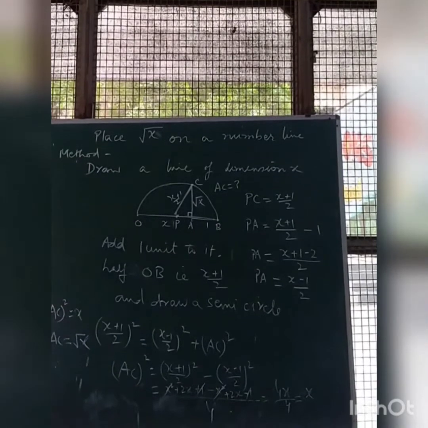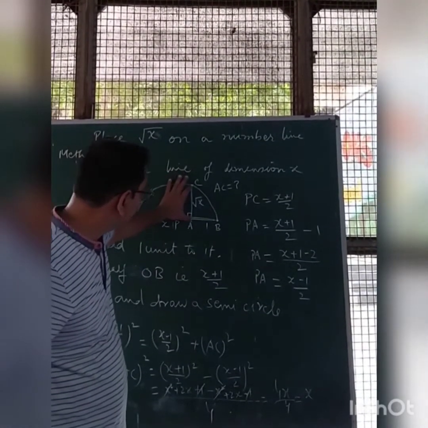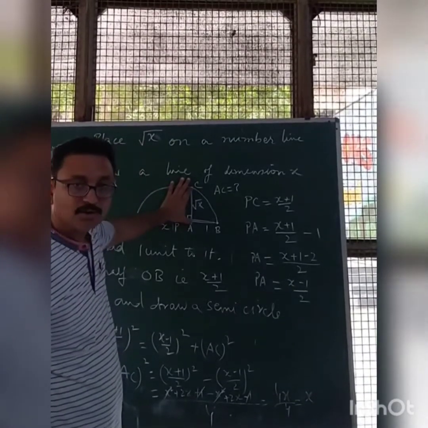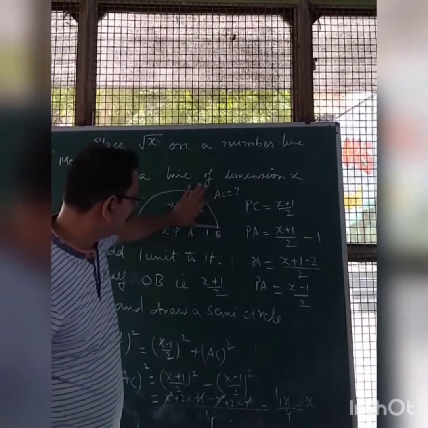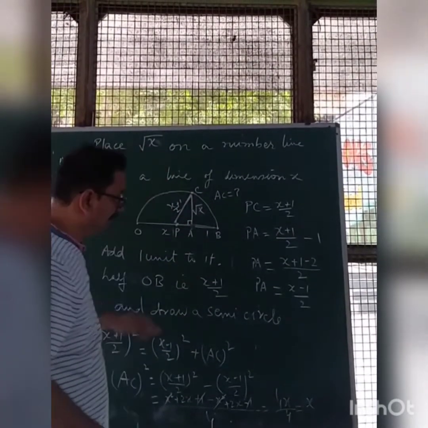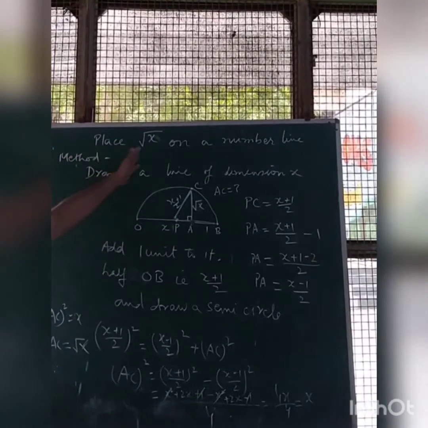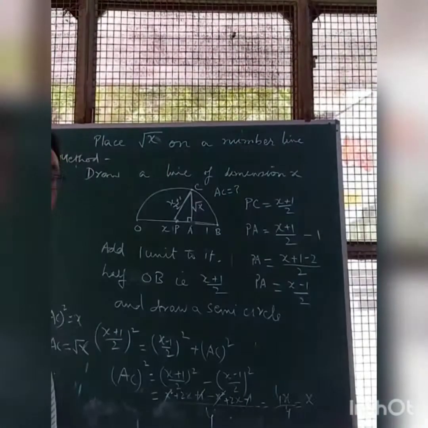So this is how we can take this distance on a compass, and an arc can be drawn from here, and we can place any under root p type, under root x type of irrational numbers on a number line.